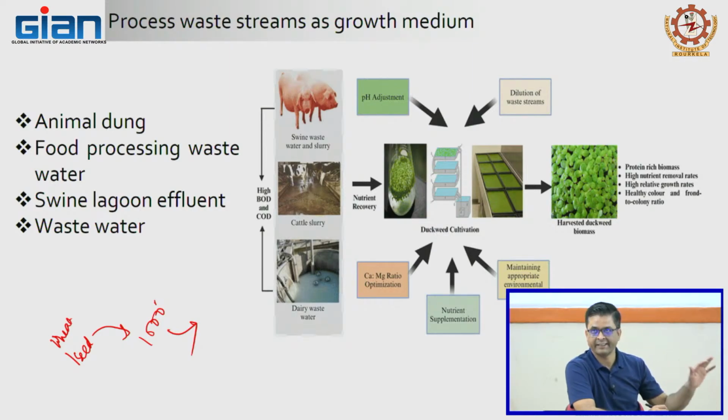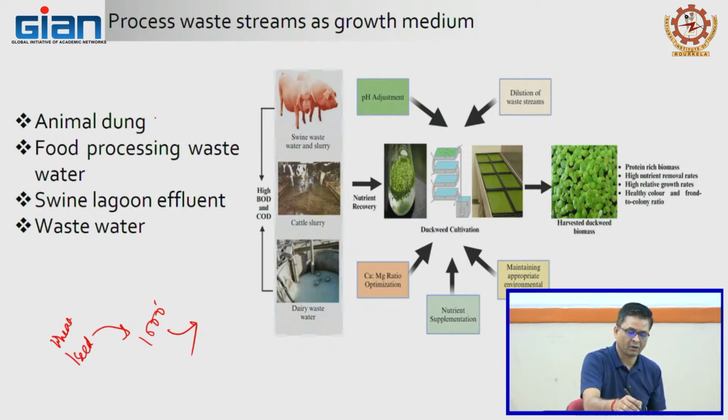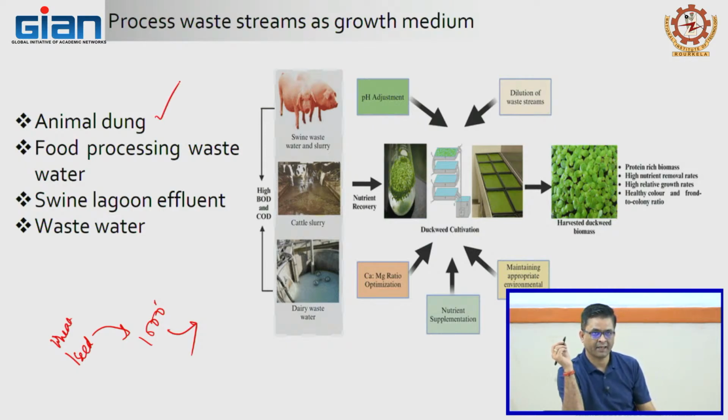Clean water is easy, but duckweed can also grow in slurry, animal dung slurry, and food processing wastewater, and also swine wastewater, because wherever there is pig farming you have lagoon effluents, and you can grow duckweed there, or in any wastewater.